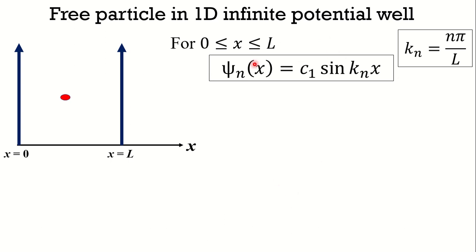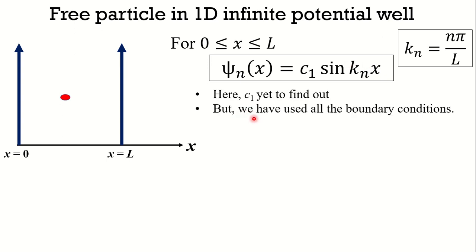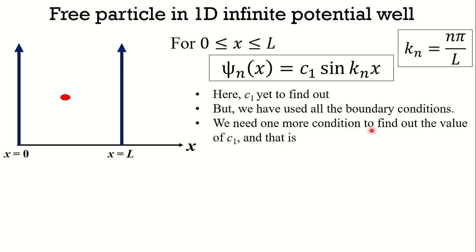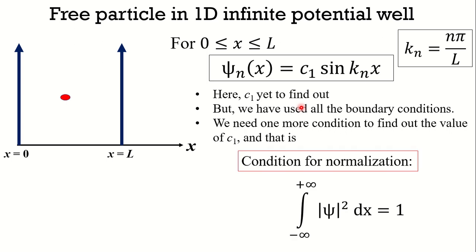Now this is the wave function. We have estimated the Kn value, but C1 is yet to be found. We have used all the boundary conditions. We need one more condition to find the value of C1, and that is the condition of normalization. In this integration, psi squared is called the probability density.